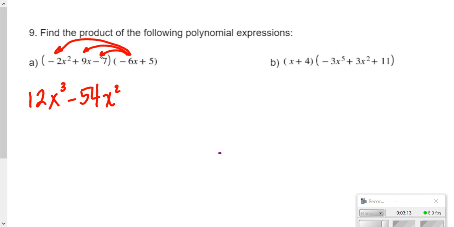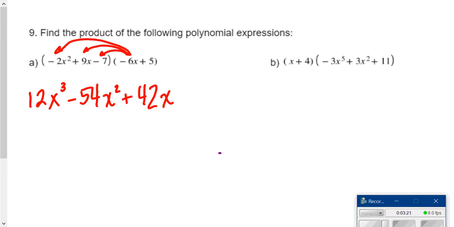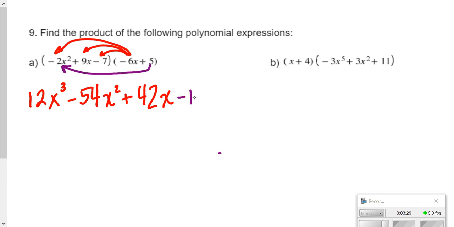And then -6 times -7 is 42x. Okay, and now we're going to distribute the 5 to each thing. So I'd take this 5 over to here, and that would be negative 10x squared. This 5 to here would be plus 45x, and this 5 to here would be negative 35.